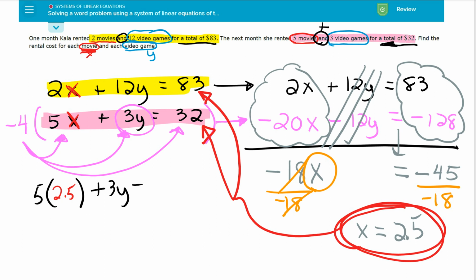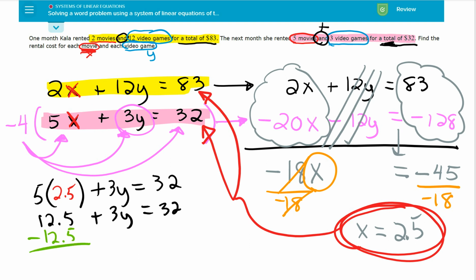plus 3y equals 32. 5 times 2.5 is 12.5, plus 3y equals 32. I am then going to subtract the 12.5 from both sides.